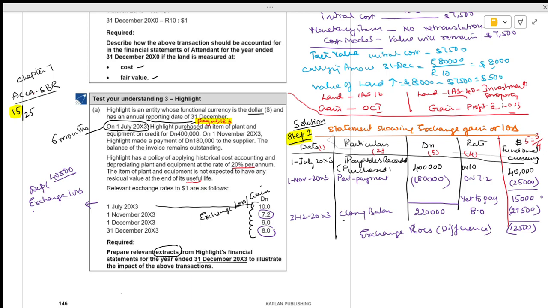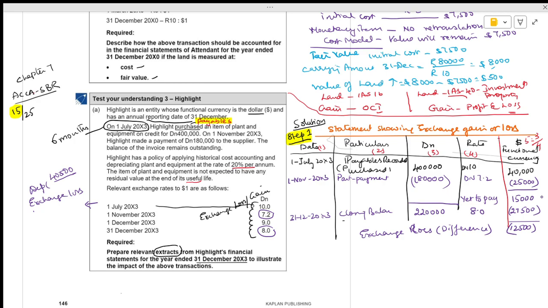The item of plant is not expected to have any residual value at the end of its useful life. Okay, at the end of its useful life, they have not mentioned anything. Is it right? No, they have not mentioned anything.